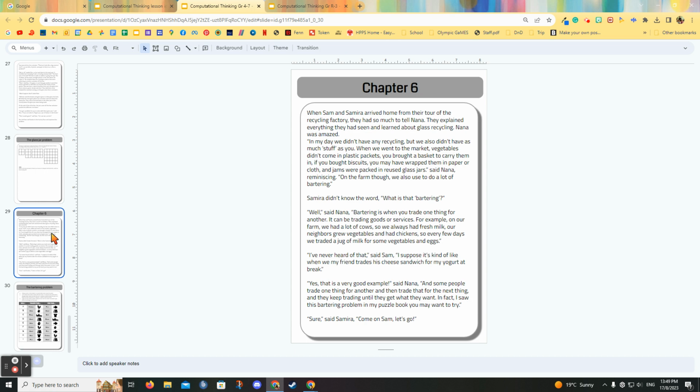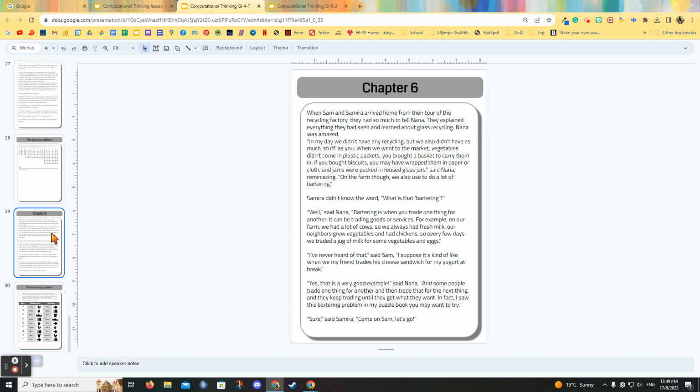Then chapter 6. Chapter 6 is talking about recycling or reusing things. Nana's talking about how people used to barter, teaching them about the bartering system and how you trade one thing for another instead of buying things at a shop.